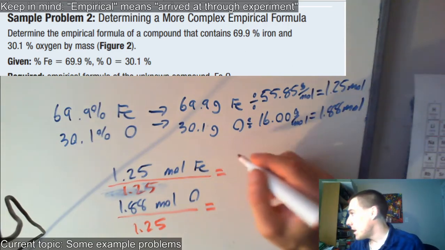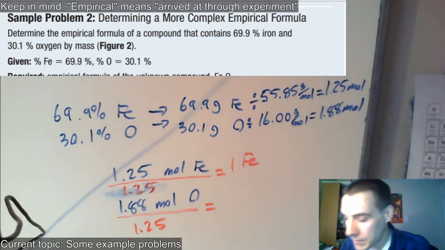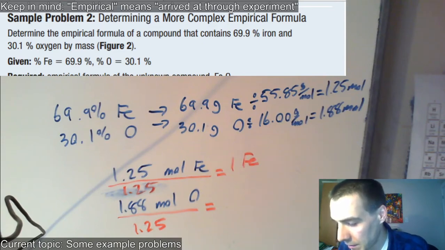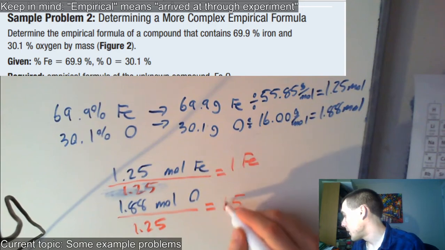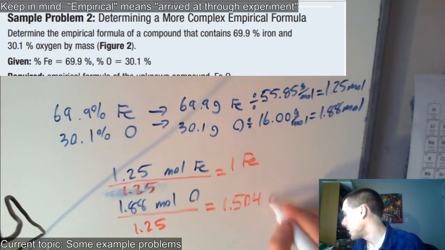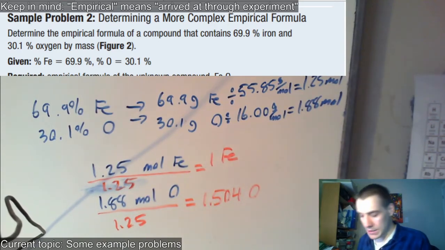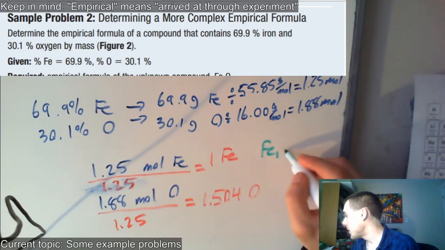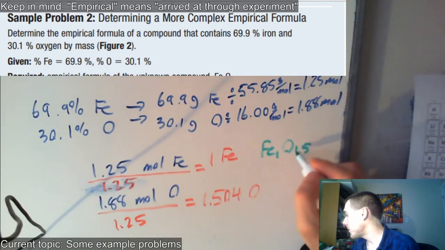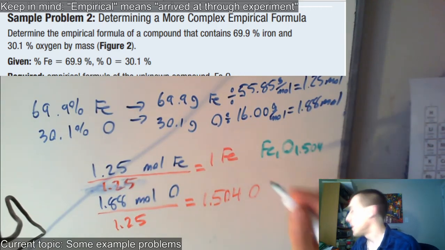So that's 1 iron. 1.88 divided by 1.25 is 1.504 oxygens, which is interesting, right? This suggests to me that my empirical formula has 1 iron and 1.5 oxygens. So it's like Fe1O1.5, well, 1.504, I guess.